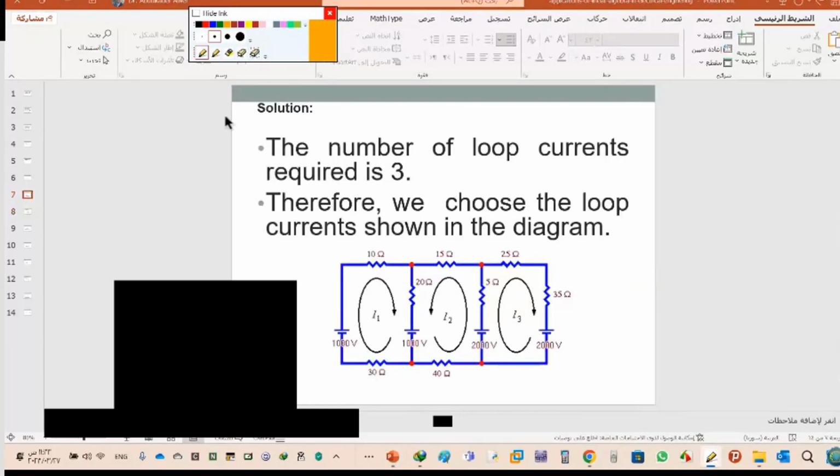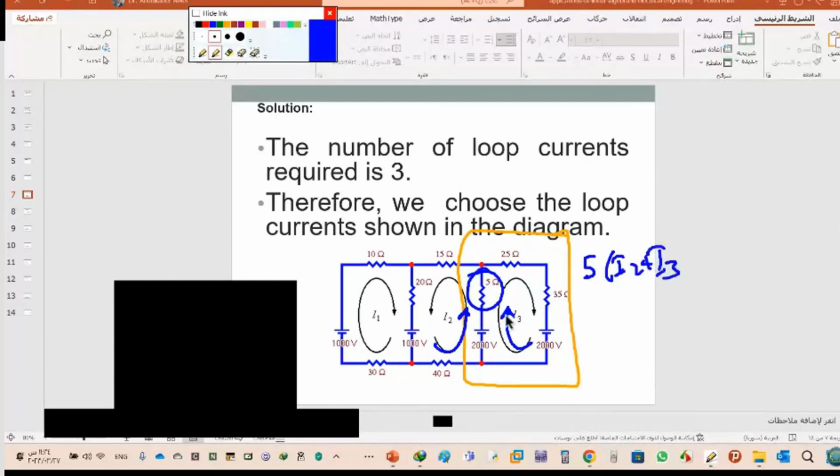Last one is this. It's the right equation for this. Here we have 5. See the direction for current. Same direction. So it's 5 I2 positive I3.